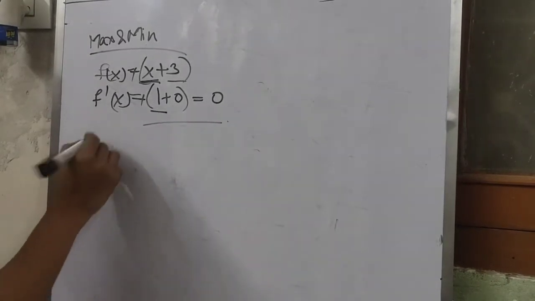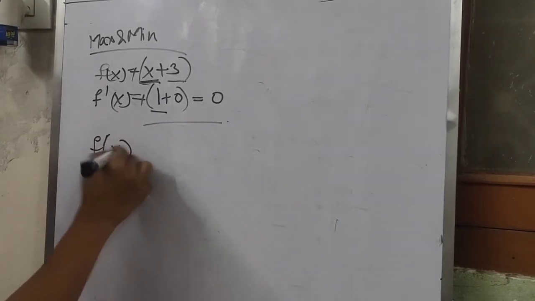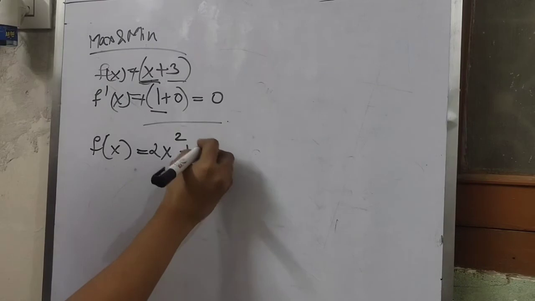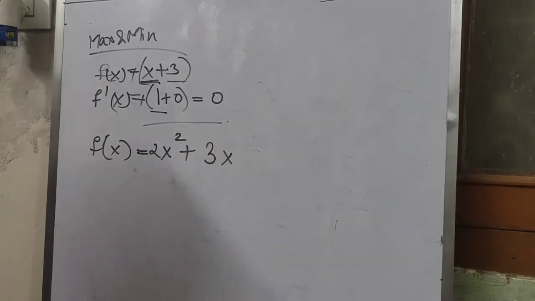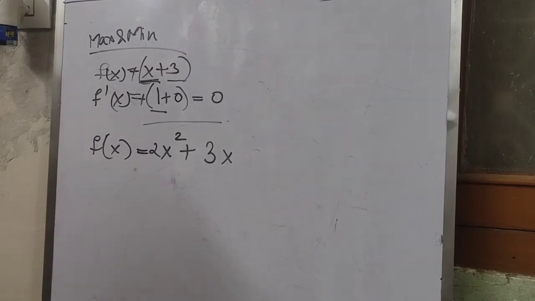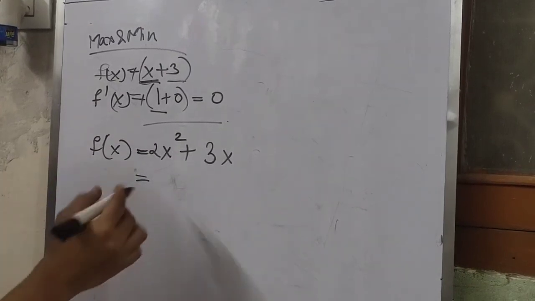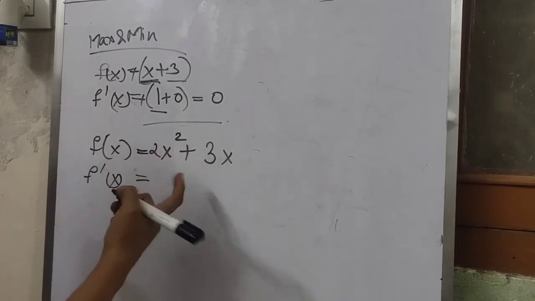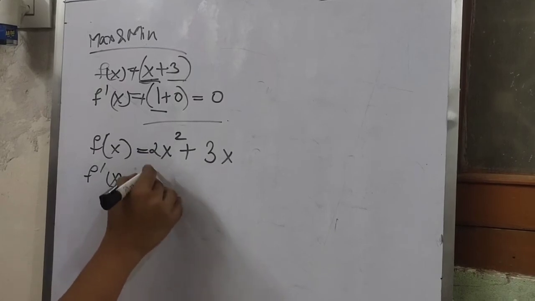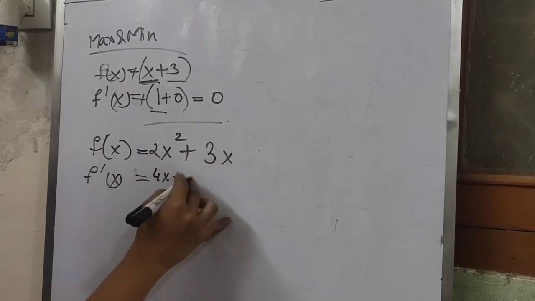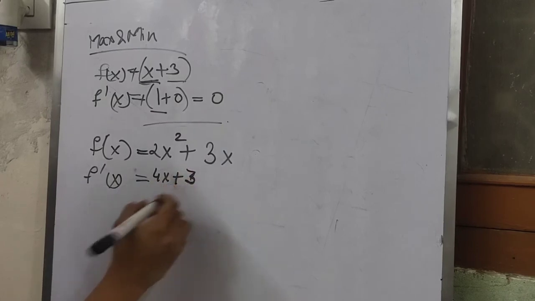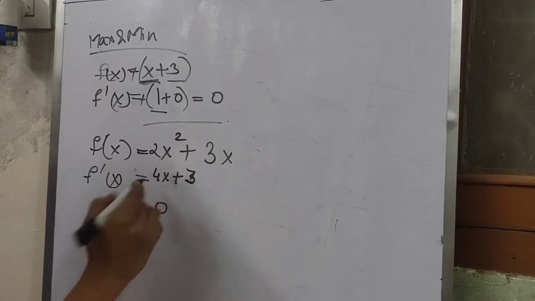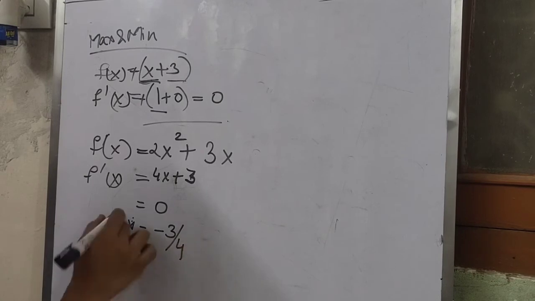For example, if I take f x as 2x square plus 3x, I'll take f dash x, the differentiation of this function, that is 4x plus 3. Now I'll put it equal to 0, and I will receive the x value. My x value turns out to be minus 3 by 4.